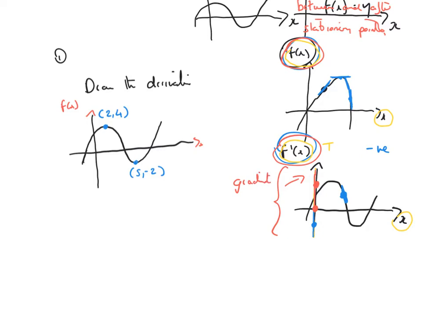And where's zero gradient? Well, it's right on the button here. Where's positive gradient? Up here. And where's negative gradient? Down here. So if I was to say what's the gradient here, well, it's above 0 on this axis, so it's positive. What's it here? It's above 0 again. What's it here? It's above 0 again. What if I was to say what's the gradient here, here, here, here, and here? Well, they're all on the x-axis.